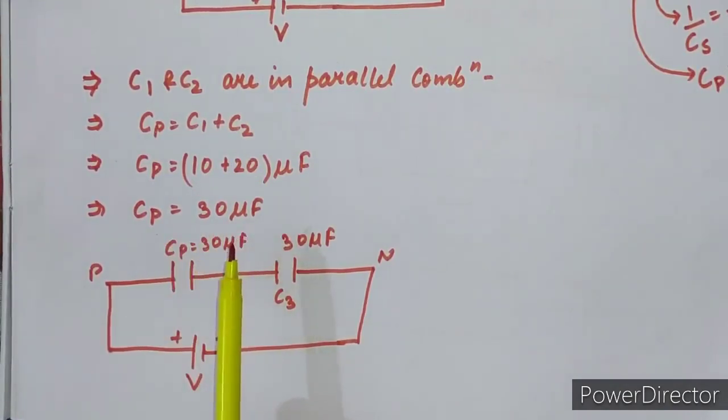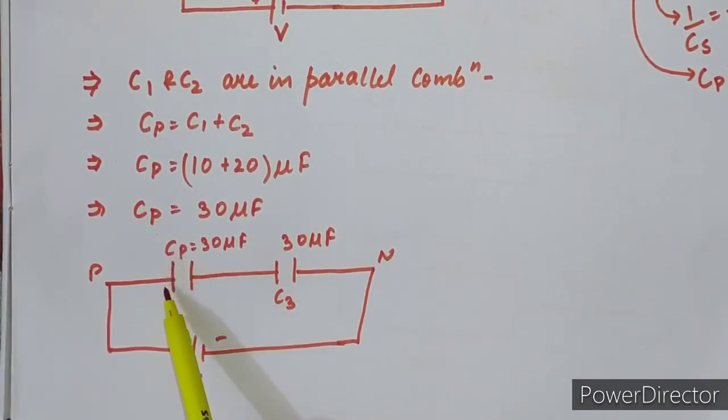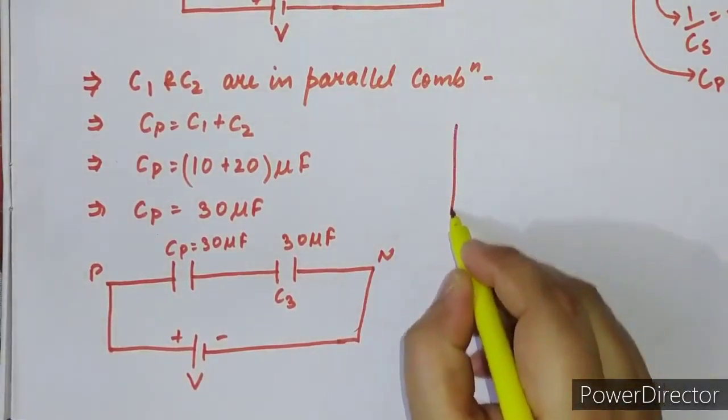Now we have to resolve the above circuit diagram. C1 and C2 are in parallel combination, so we have an equivalent capacitance Cp of 30 microfarad, and the remaining circuit diagram is as usual: C3 30 microfarad, and points P and N connected with the terminals of a battery, positive and negative, of V volt. Now what we have to do?